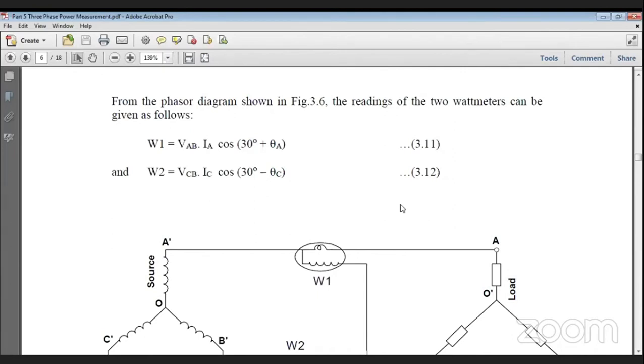Let's see what happens. Initially the motor is at standstill condition. Now the motor starts and its speed starts increasing. You will come to know later that as the motor increases its speed, its power factor changes. All AC motors at starting have a very low power factor of the order of 0.2.